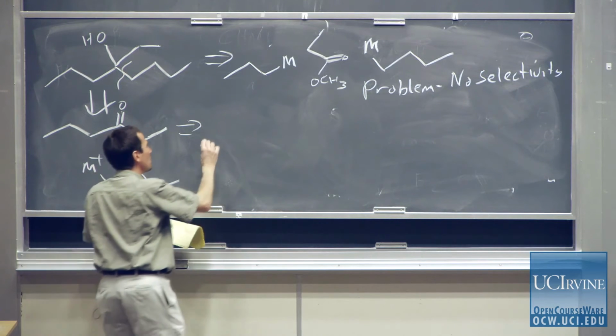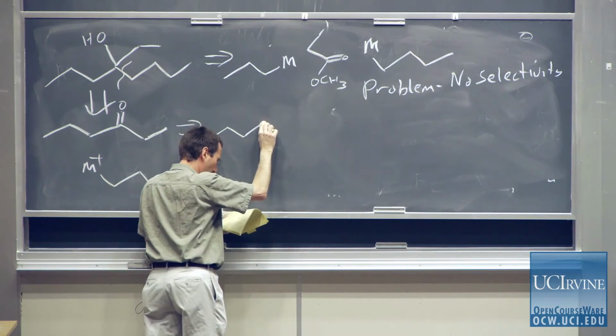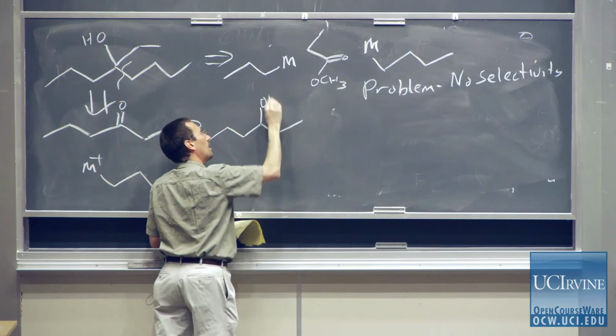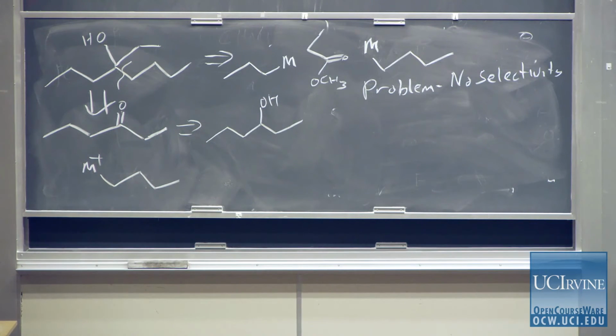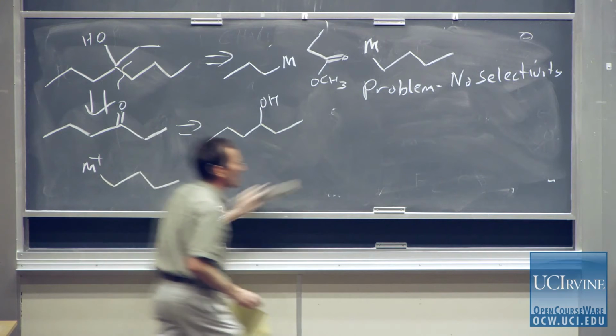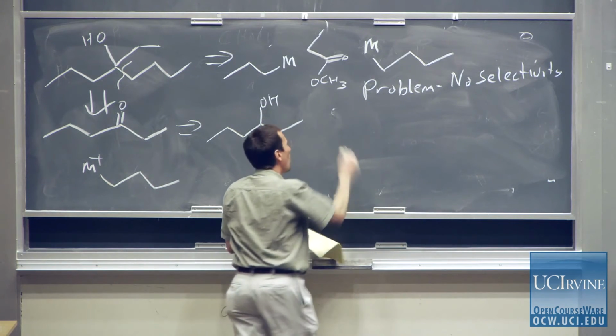So I could imagine making that ketone by oxidation of the corresponding alcohol, 3-hexanol. And again, right now, I'm not going to worry which reagent to use, whether chromium trioxide or potassium chromate, whatever.